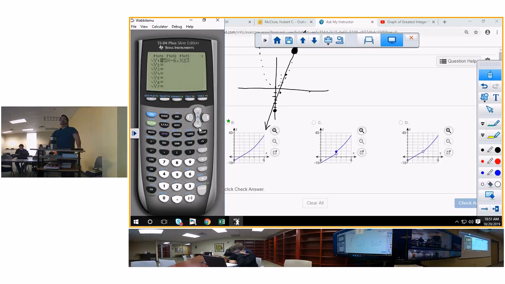And then you type in x squared, comma, and x is what? Second math, greater than 3.